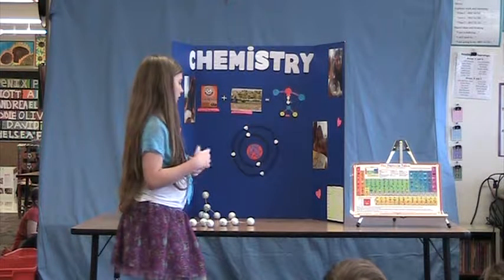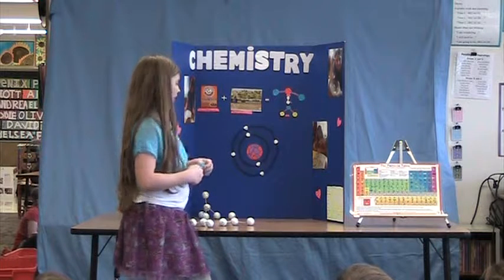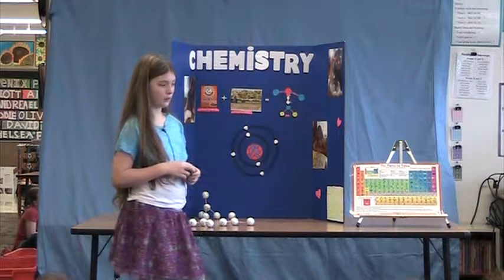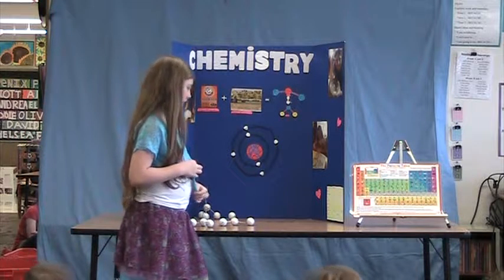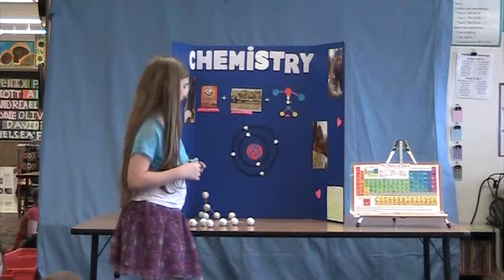A neutron is a neutral particle, an electron is a negatively charged particle. The nucleus is the sphere that holds the protons and the neutrons inside of the atom. And the electron cloud is the space that holds the electrons.